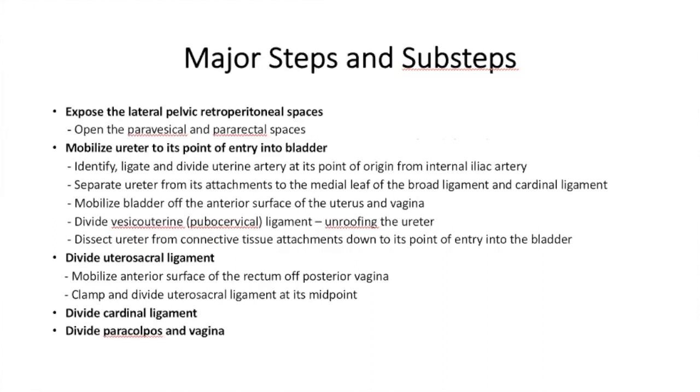That has several substeps. 1, identification, ligation, and division of the uterine artery at its point of origin from the internal iliac artery. 2, separation of the ureter from its attachments to the medial leaf of the broad ligament and cardinal ligament. 3, mobilization of the bladder off of the anterior surface of the uterus and vagina. 4, division of the vesico-uterine or pubovesical ligament, which is sometimes referred to as unroofing the ureter because they make up the roof of the ureter.